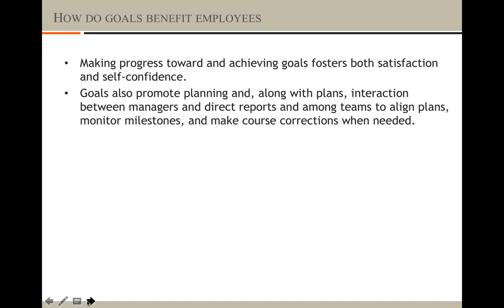Then how do you think goals benefit the employees? In what sense are the goals beneficial for the employees? So the goals help us measure our progress, they help us be motivated, they boost our self confidence. When we are trying to achieve our goals we really feel motivated. They promote planning. We try to figure out the tasks that we need to do.